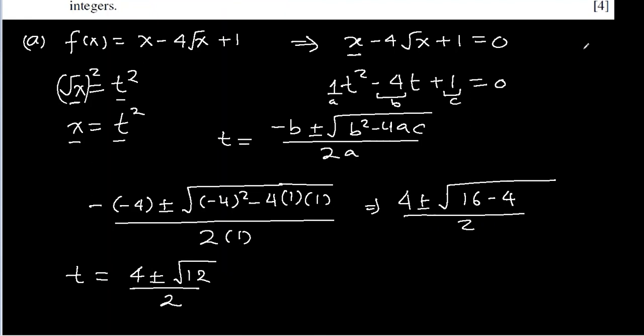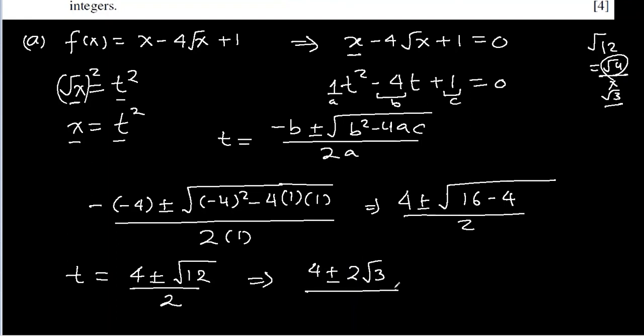Square root 12 can be written as square root 4 times square root 3, right? Which becomes square root 4 is 2 and square root 3 is square root 3. So 4 plus minus square root 12 becomes 2 square root 3, isn't it? Square root 4 is 2 and remaining is square root 3, divided by 2.